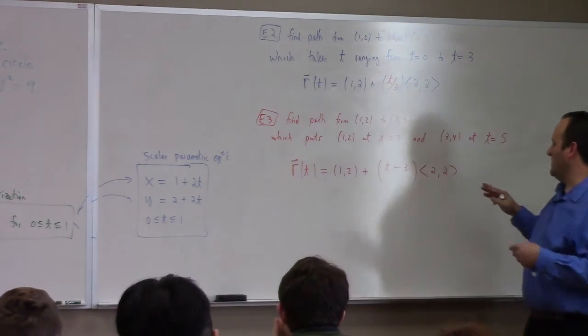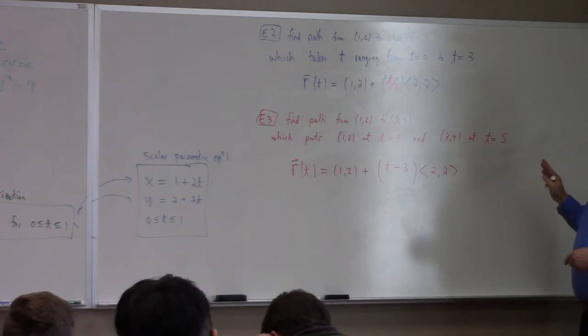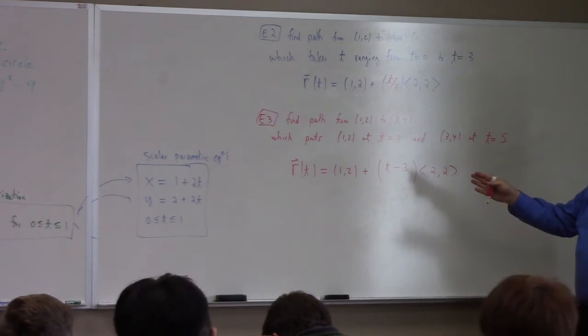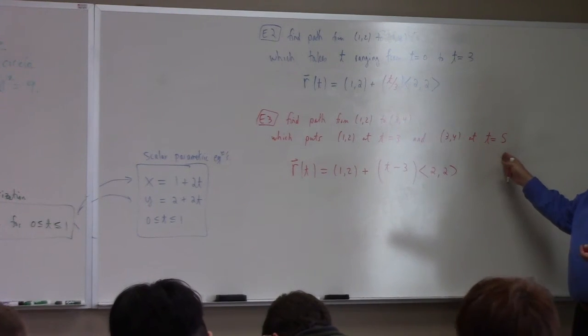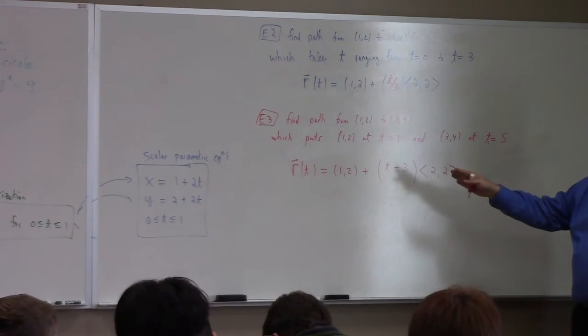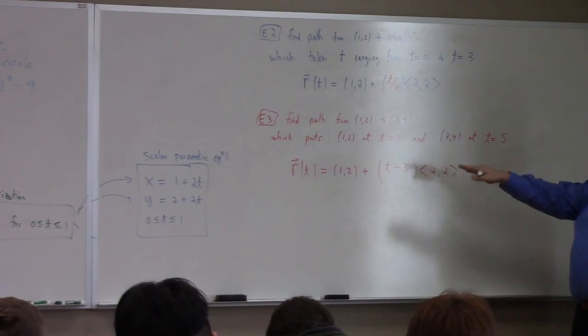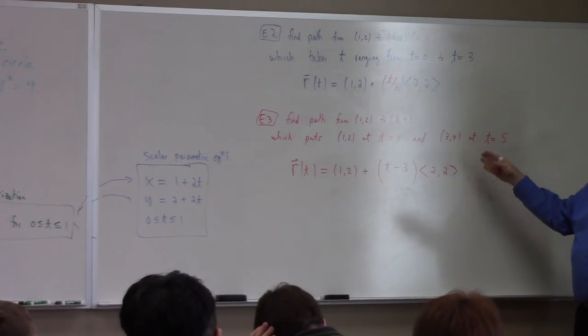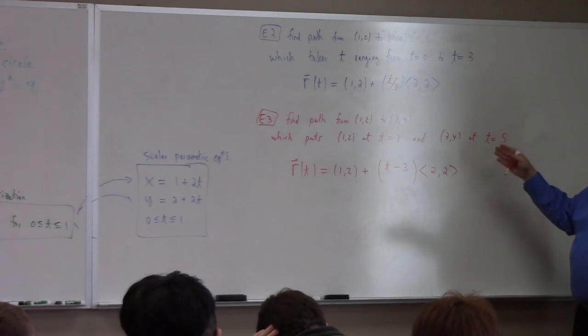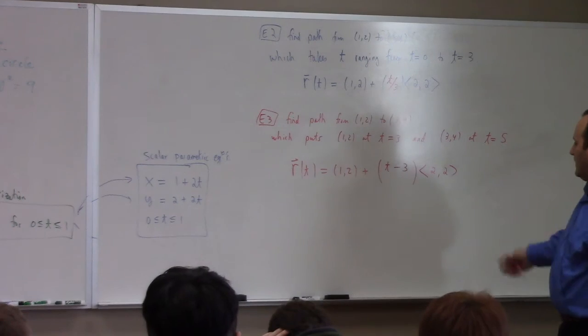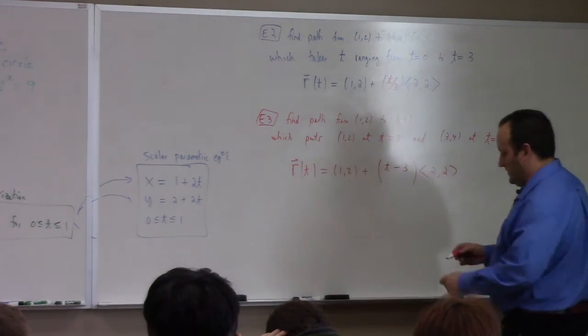That's pretty good, because when I put in t equals 3, I get 1, 2. But it's not very good, because when I put in t equals 5, I get what there? I get 2. When I get t equals 5, I want 1, 2 plus 2, 2, because I know that gives me 3, 4. So I need to take this and do what?